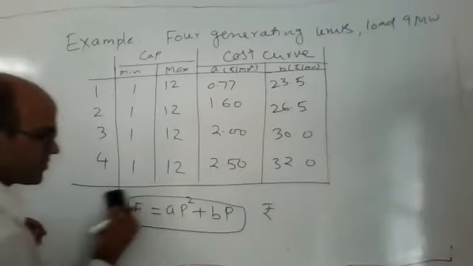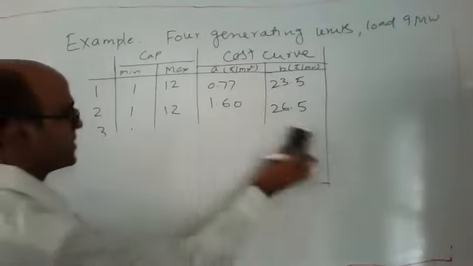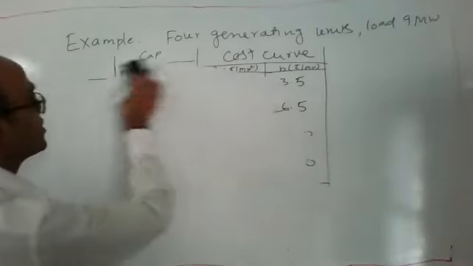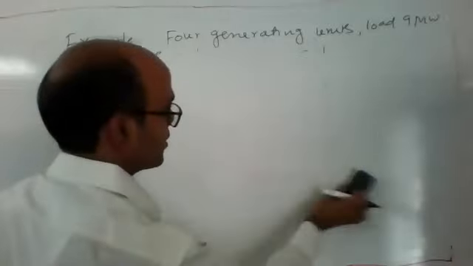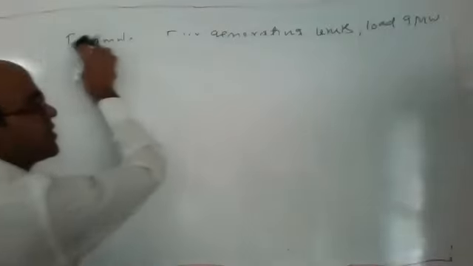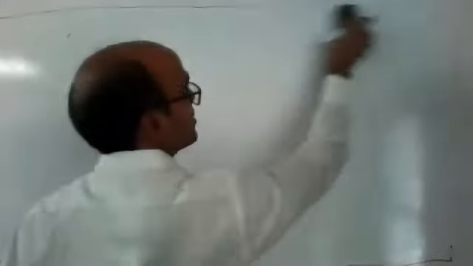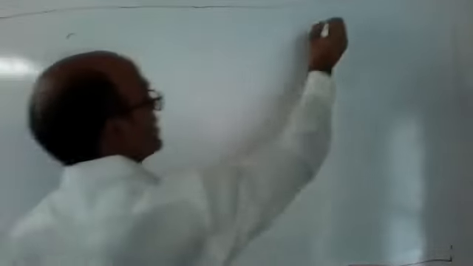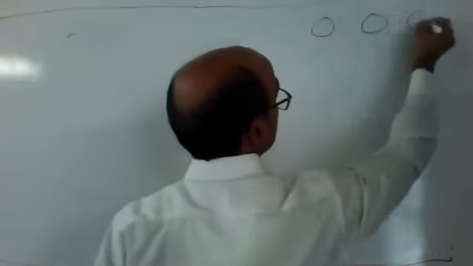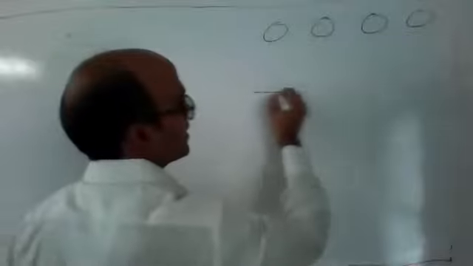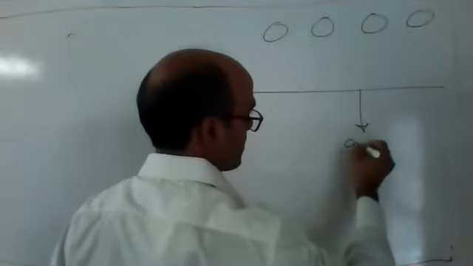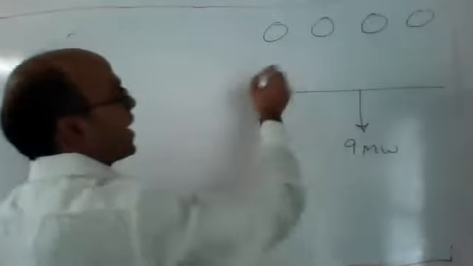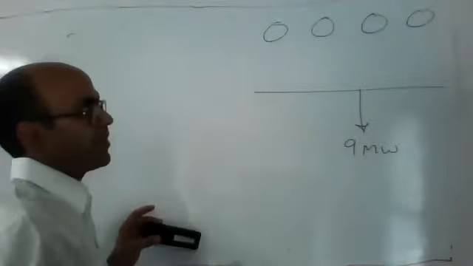Now we have to use dynamic programming to start the optimal units. We have 4 units: unit 1, unit 2, unit 3, unit 4, and there is a 9 megawatt demand, with minimum and maximum given as 1 and 12.